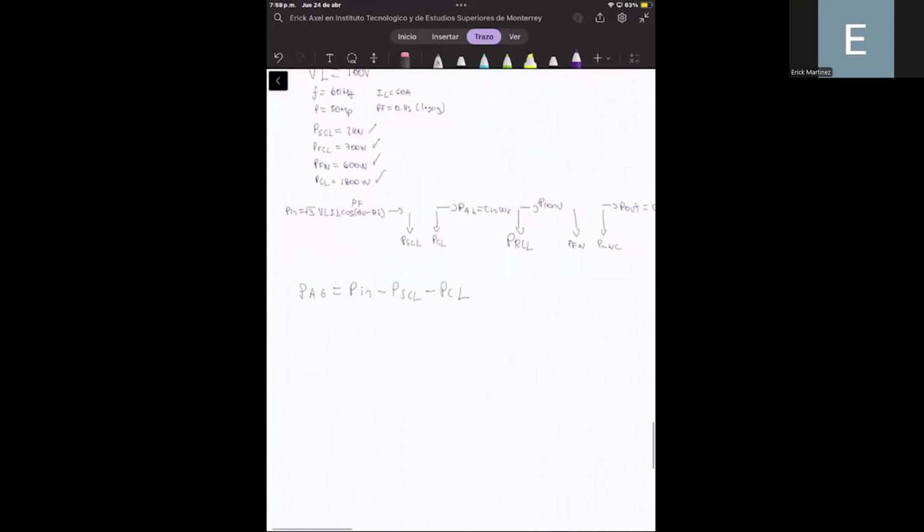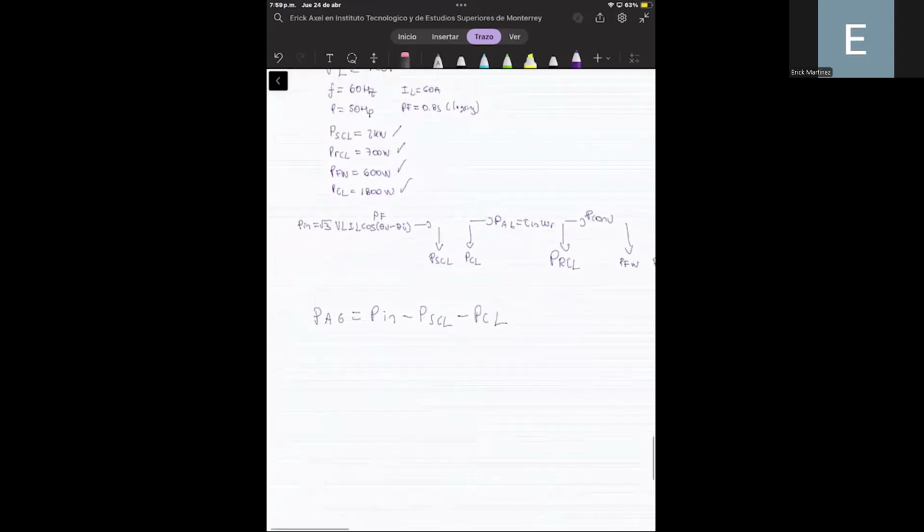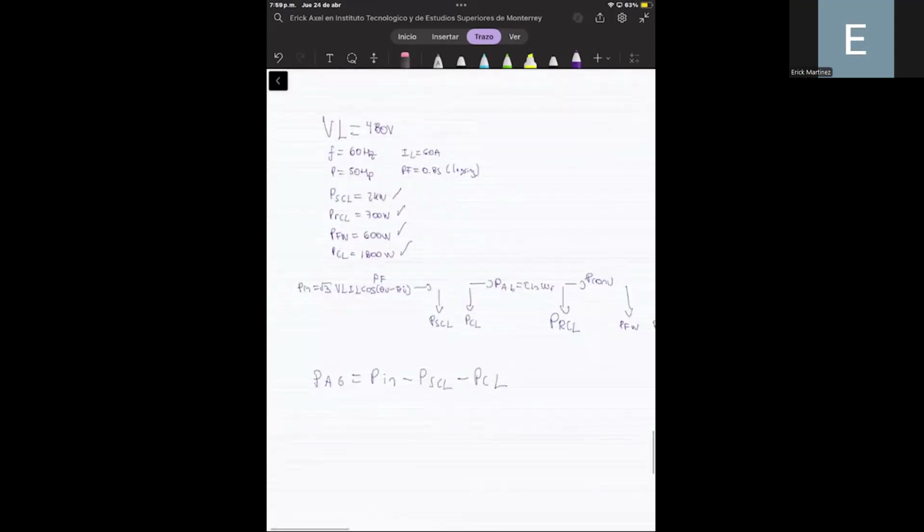Based on this data, we have the input power as this expression. So the air gap power is equal to the square root of 3 times the line voltage times the line current times the power factor, minus the stator copper losses minus the core losses.